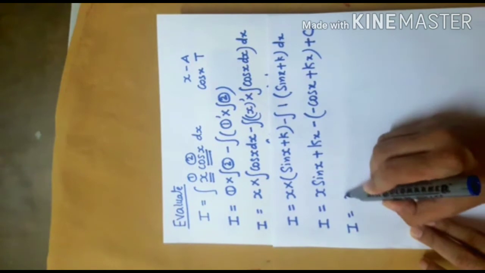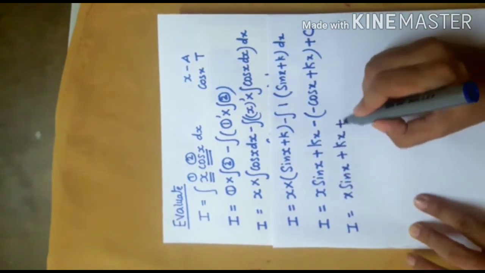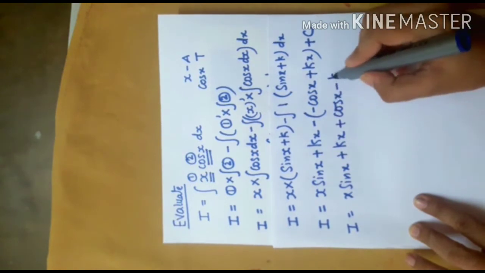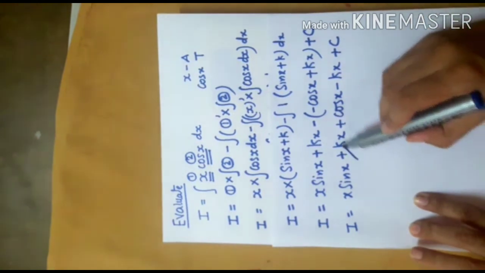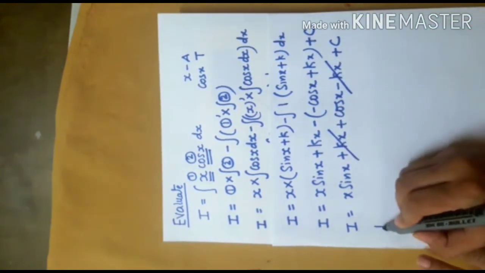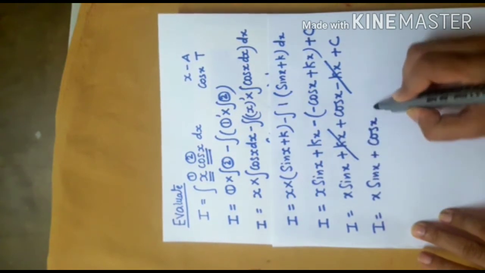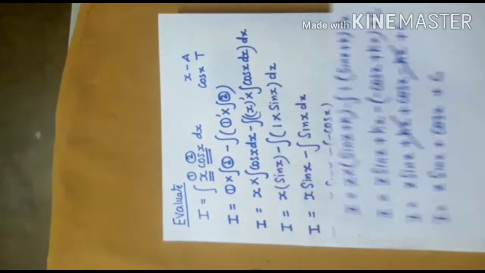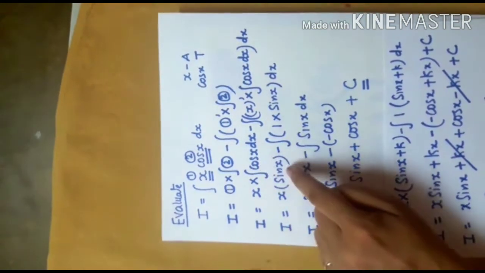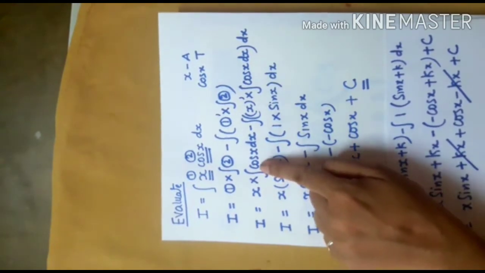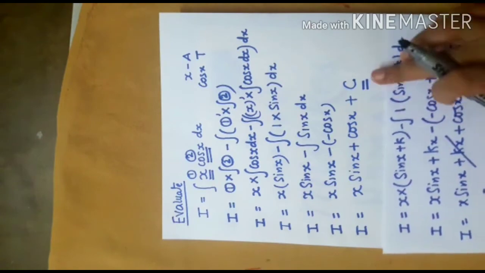So I'll get x sin x plus kx plus cos x minus kx plus c. Now you can see this will get cancelled out. So I will be equal to x sin x plus cos x plus c, which is same as this. So there is no need to add the constant of integration while evaluating the integral of the second function. Add it in the final answer.